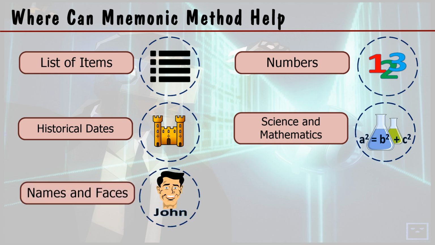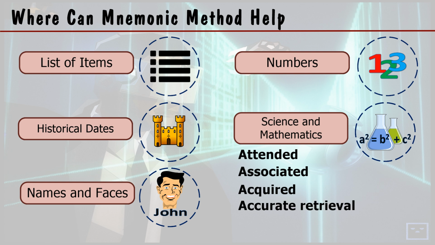Names and faces can also be remembered well with the help of specialized tricks that include mnemonics and other concepts of story building explained earlier to you. In a nutshell, any explicit information with some data-oriented content can be easily attended, associated, and then acquired by your memory with a better possibility of accurate retrieval.